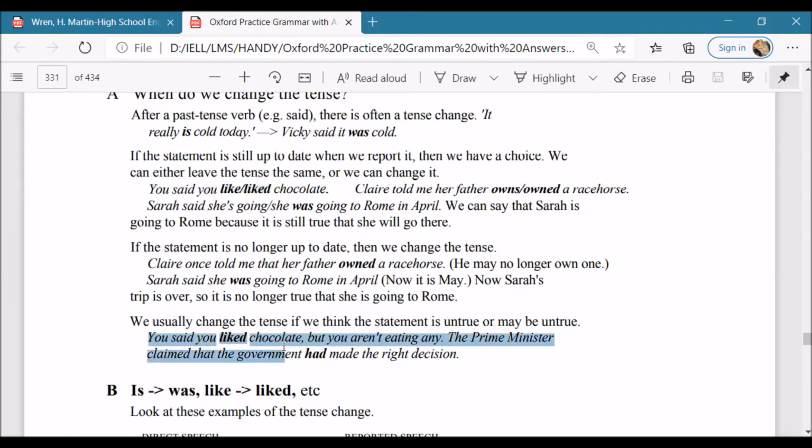But here, when we think it's not true, only then would we not say like, but we would say liked. The Prime Minister claimed that the government had made the right decision. But if you do not agree with that, then you would say had. The words would have been, the Prime Minister claimed that the government has made the right decision. But if you think that is not true, you could use had.